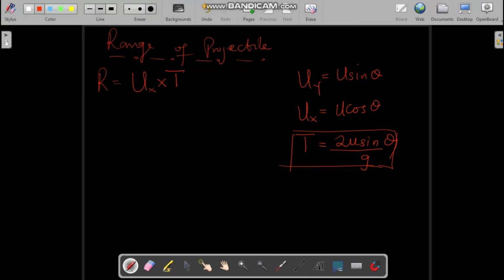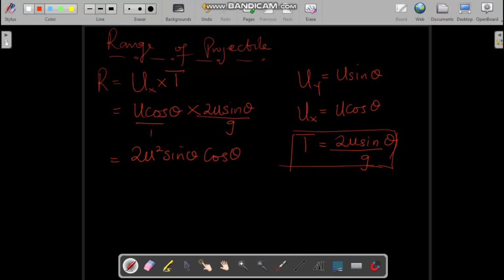So now I'm going to replace ux with u cos theta times the time of flight, which is 2u sine theta over g. After which, when I multiply, I have 2u squared sine theta cos theta over g.